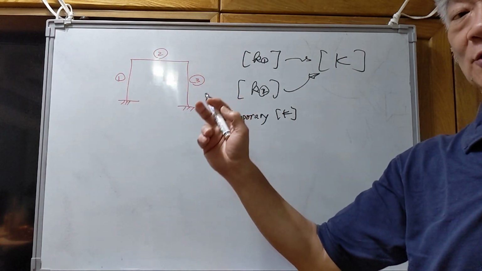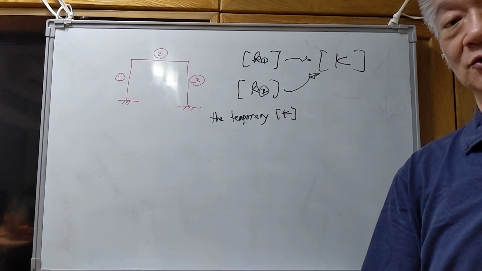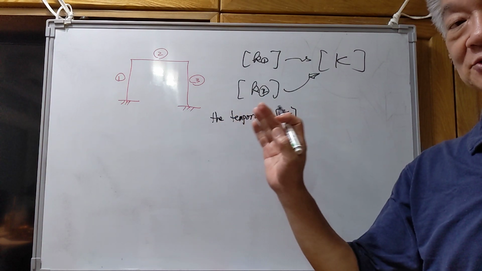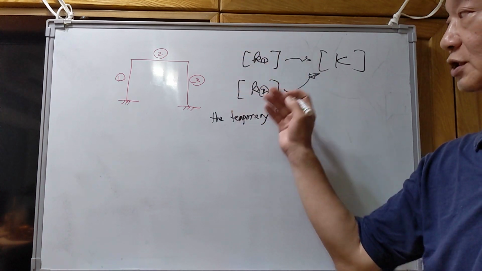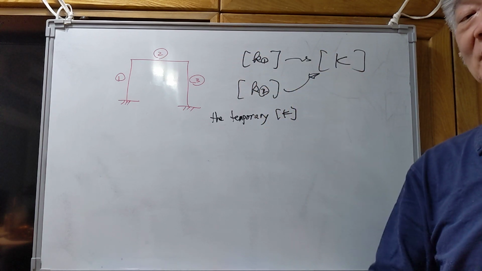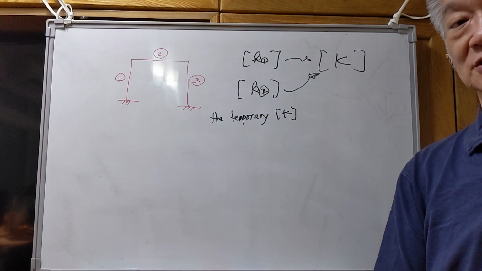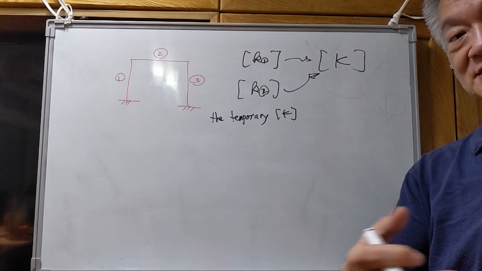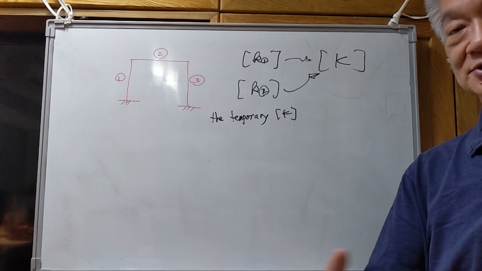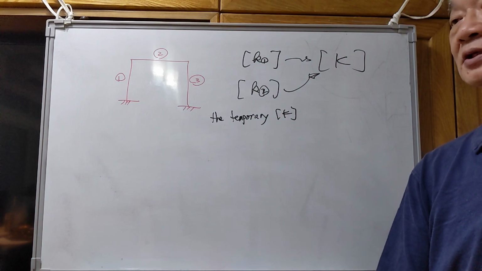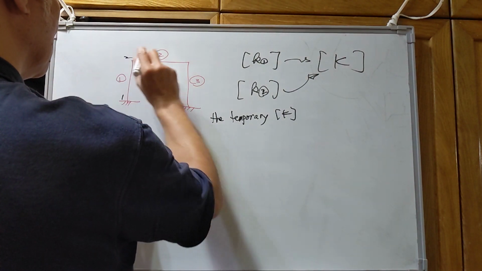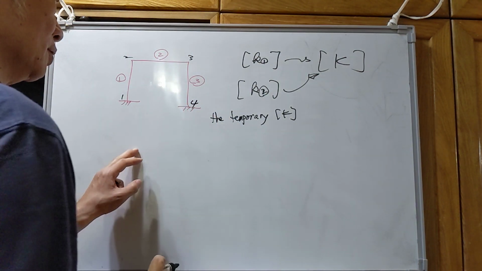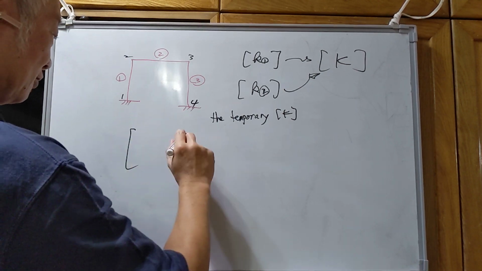If we added only 2 elements' stiffness matrices into the global K matrix, you can say it is only the partially assembled global K, or the temporary global K. For the temporary global K matrix, you need the nodal degrees of freedom.